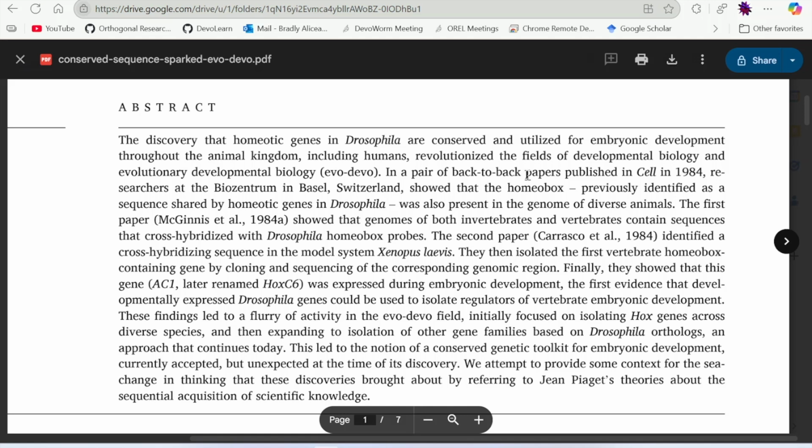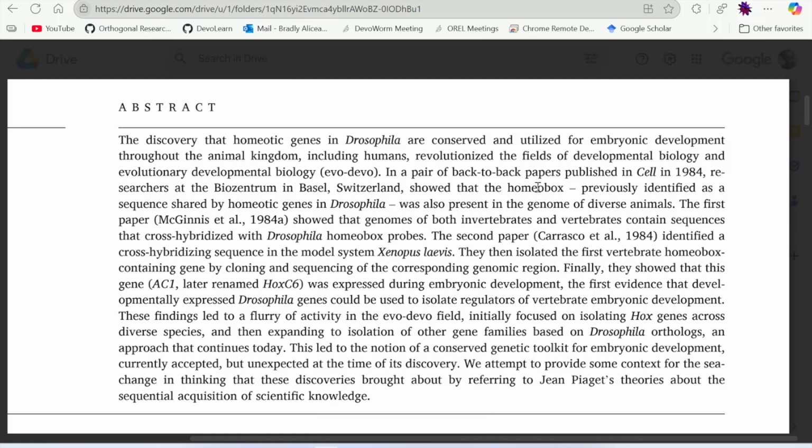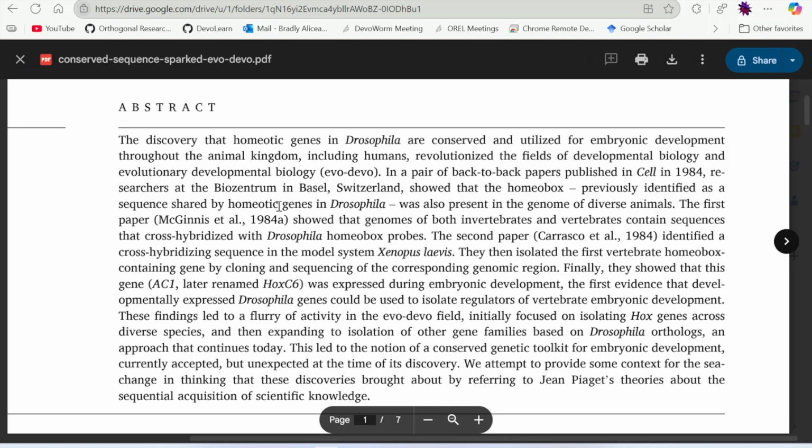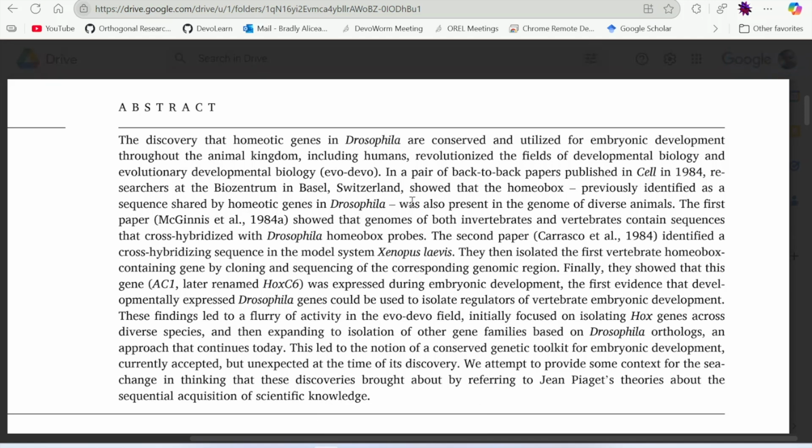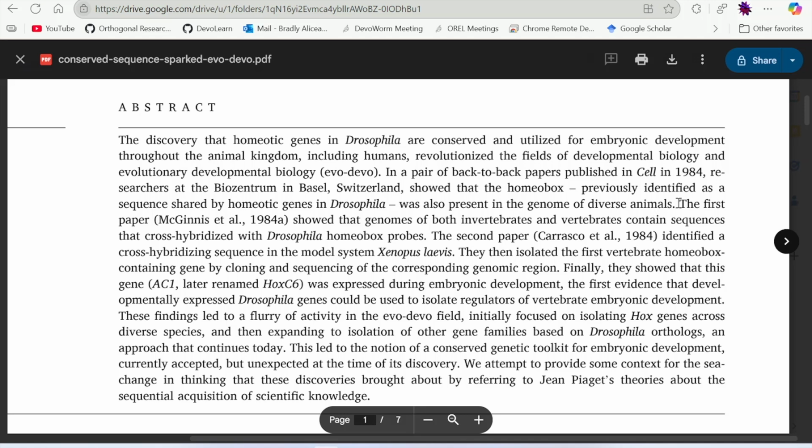In a pair of back-to-back papers published in the journal Cell in 1984, researchers showed that the homeobox genes, previously identified as a sequence shared by homeotic genes in Drosophila, were also present in the genomes of diverse animals, all across different taxa, across phylogeny.